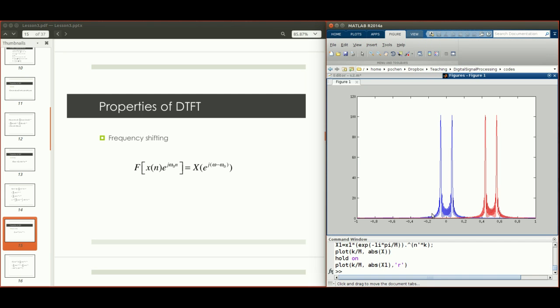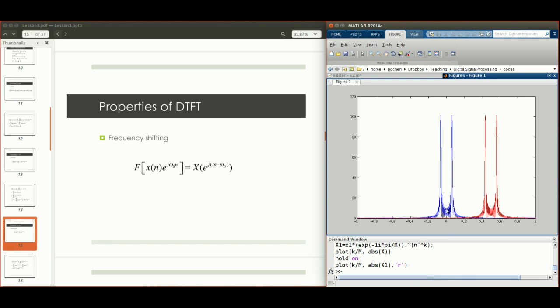And you can sort of see their shape. The shapes are identical, but the red curve, the Fourier transform of the modulated signal, has a different location. So the horizontal axis is a normalized frequency now. So it goes from -1 to +1, right? And you can sort of see the location. So here it's 0 frequency.